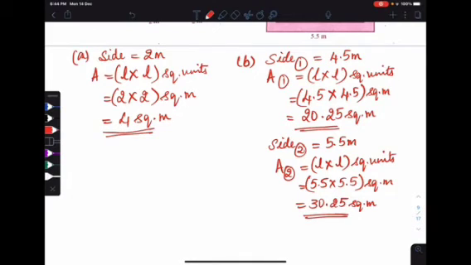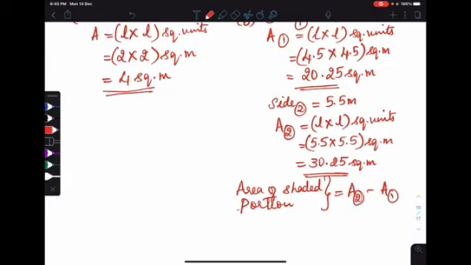Now since we want the shaded portion, the area of the shaded portion is equal to A2 minus A1. Did you all get it, children? That is 30.25 minus 20.25, which is equal to 10 square meters. I hope all of you understood.